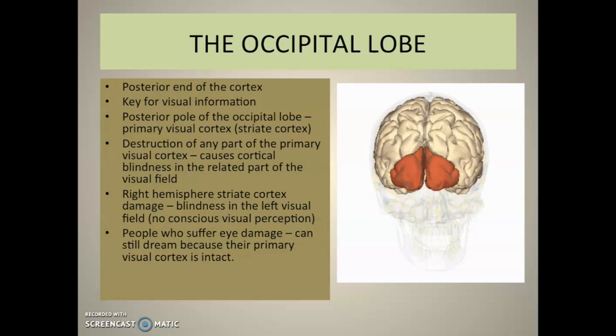In such situations, you can still perceive visual stimuli because of your primary visual cortex, because though you're not able to see certain things, you can imagine them, you can have dreams, all of that is possible. But for a person who has a damage in the primary visual cortex, that is also not possible.